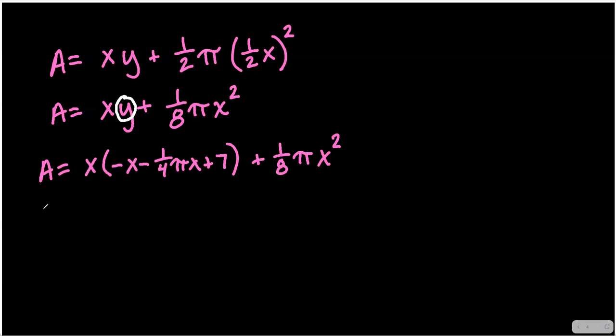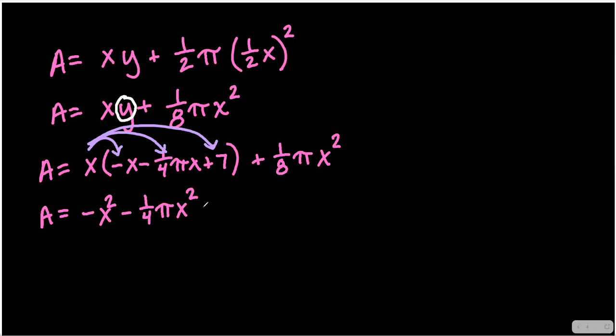So I can go ahead and multiply this out, distribute that x to each part. And that now gives me negative x squared minus 1/4 pi x squared plus 7x plus 1/8 pi x squared.